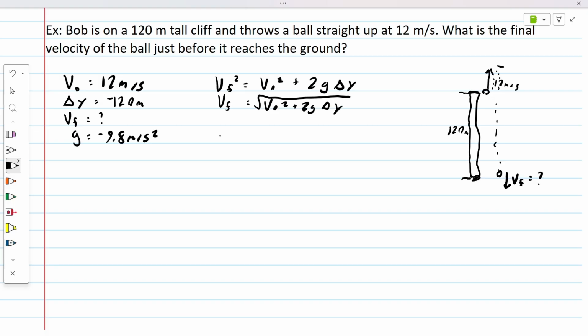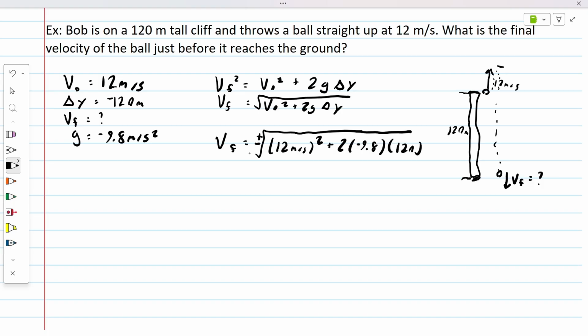So vf is equal to the square root of v naught, which is going in the positive direction, so it's 12 meters per second squared, plus 2 times negative 9.8 times the change in y, which is negative 120.